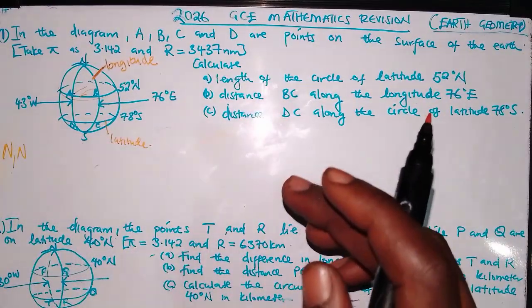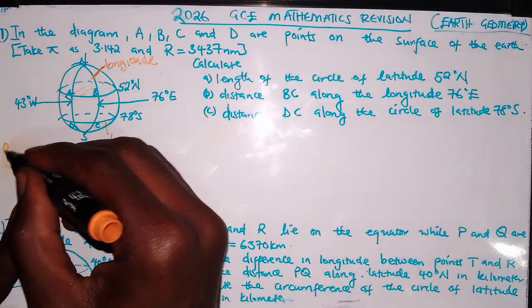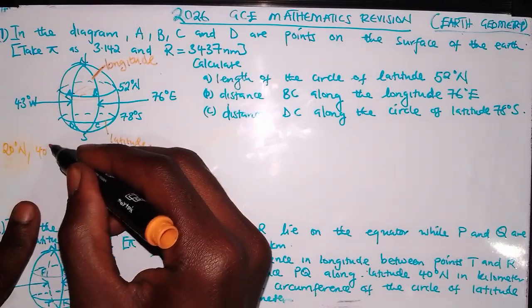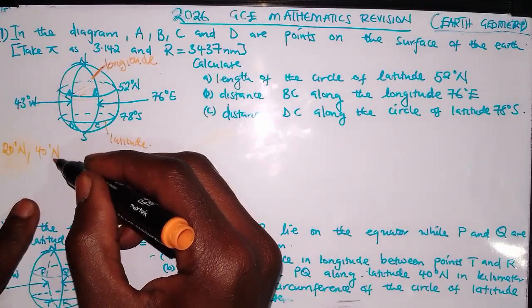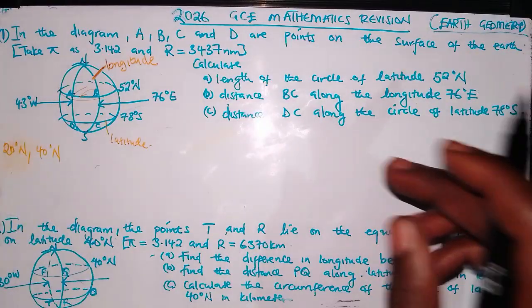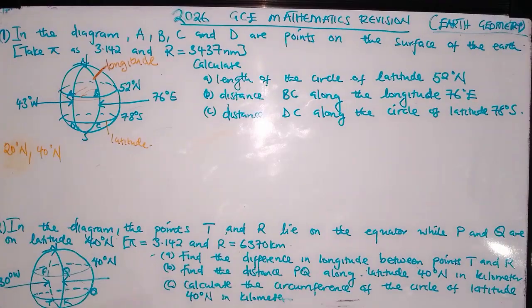If you have two numbers, let's say 20 degrees north and 40 degrees north, both north, and they tell you to find the difference, you need to subtract.